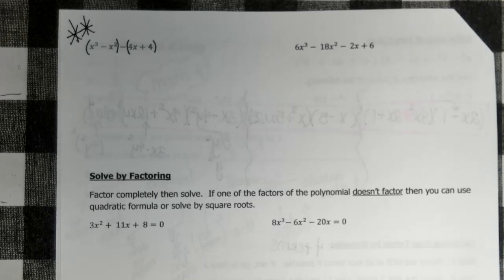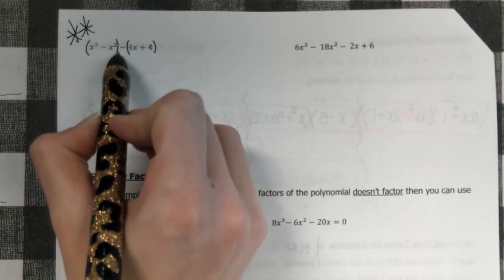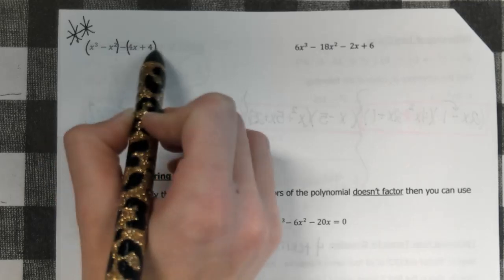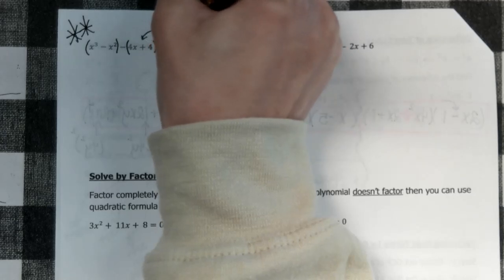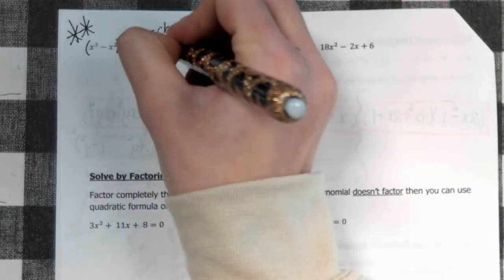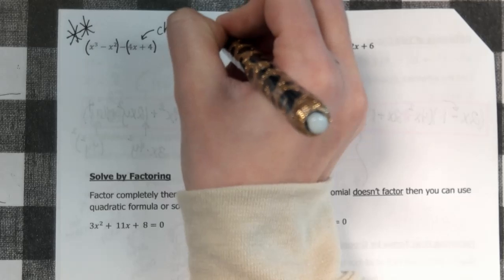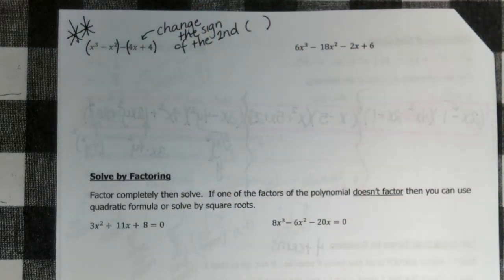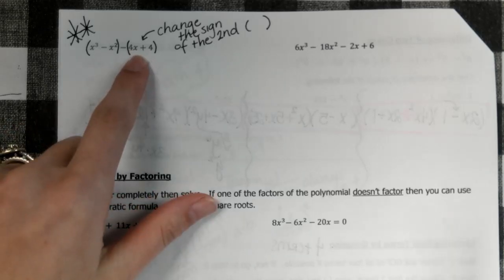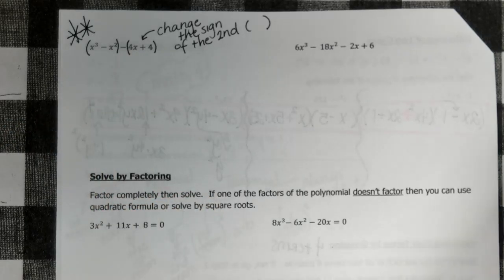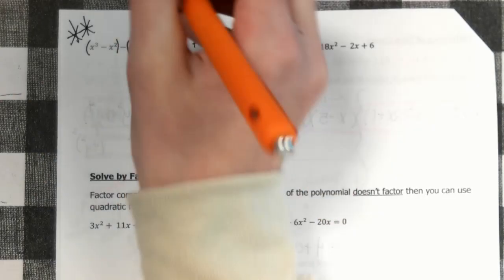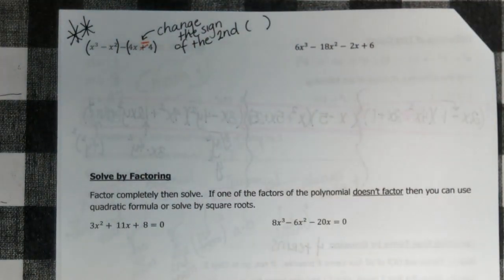When you separate it and there's a minus out front, you're going to have to change the sign of the second parentheses, because it's like you factored out a -1. When you are grouping that second set, it's like you factored out a -1, so it's going to flip its sign. So it becomes negative because it started positive. If it started negative, it would become positive.